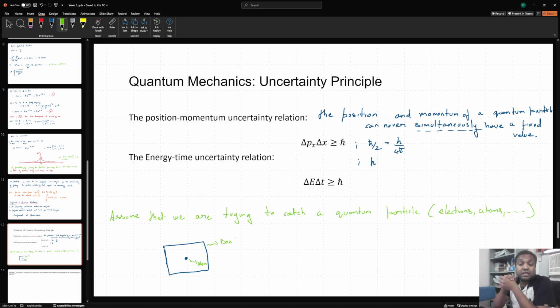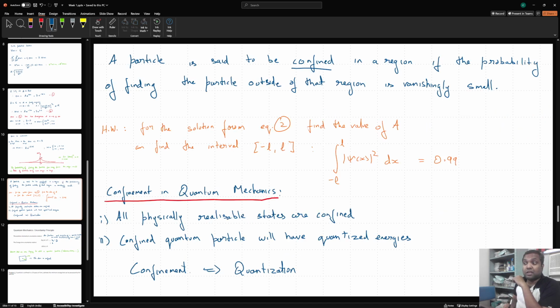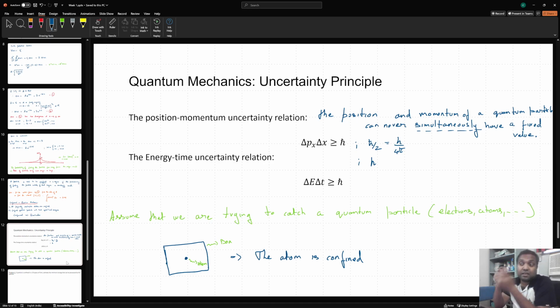What the uncertainty relation implies is this. When I put it into a box, what have I done? The atom is now confined. Remember what I mentioned before, confinement implies quantization. So now that it is confined, its energy is going to become quantized.